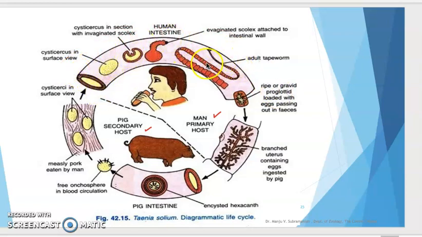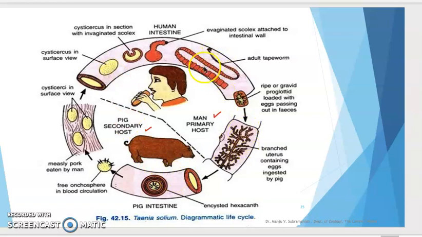Inside the intestine, an adult tapeworm is present. It will grow and complete its life cycle inside the intestine, and the development starts soon after the fertilization, and each fertilized egg develops into a six-hooked embryo called a hexacanth embryo.